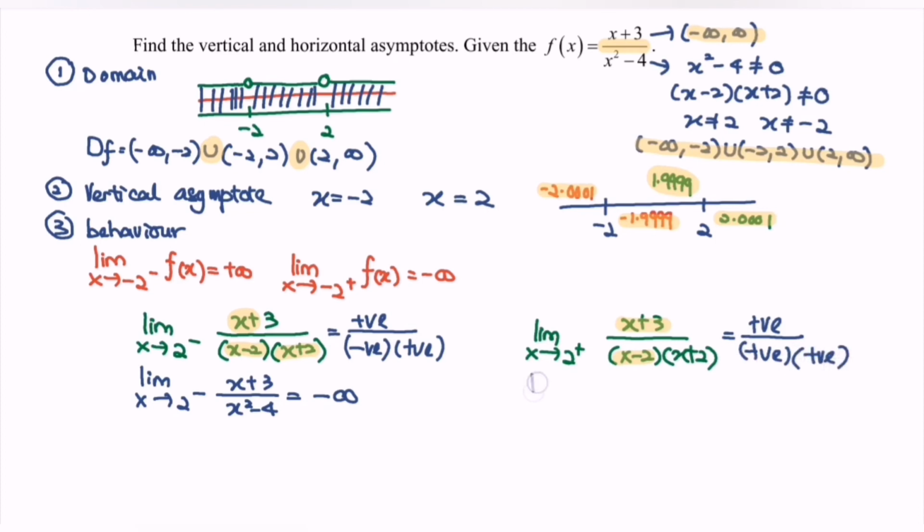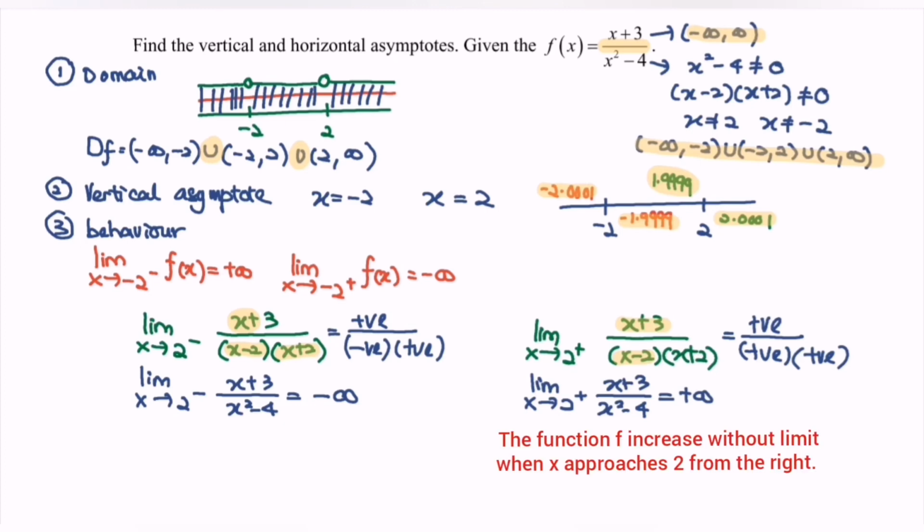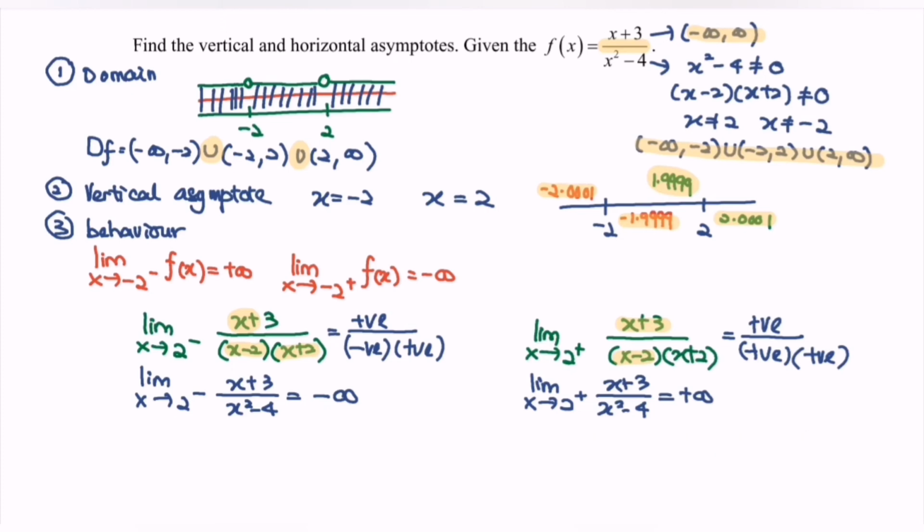So at the end, the limit when x approaches 2 from the right for the function (x + 3)/(x² − 4) will be positive infinity, meaning that the function f increases without limit when x approaches 2 from the right. So the vertical asymptote here would be x equals 2.